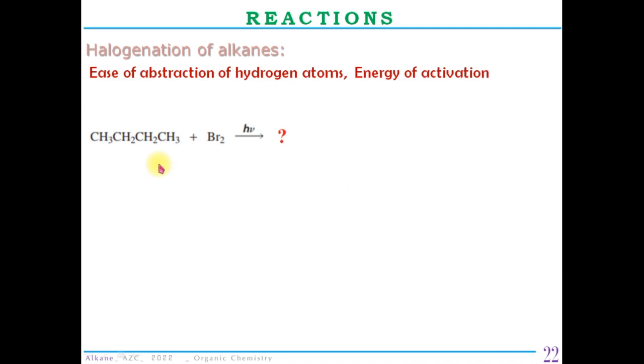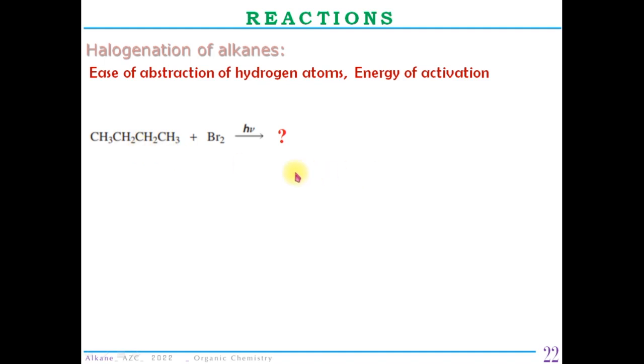Here is the second example where we see ease of abstraction of hydrogen atom with an energy of activation. Butane molecule is reacted with bromine in presence of sunlight. Here also bromine may abstract from carbon number 1, that is primary hydrogen, or it may abstract hydrogen from carbon number 2, which has secondary hydrogen.